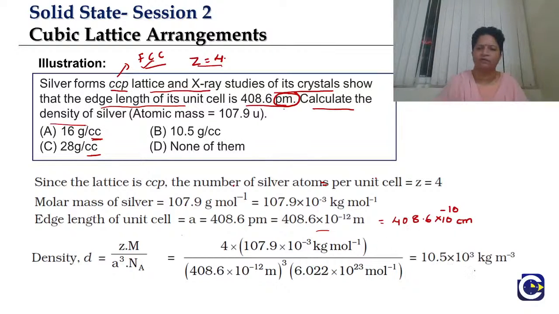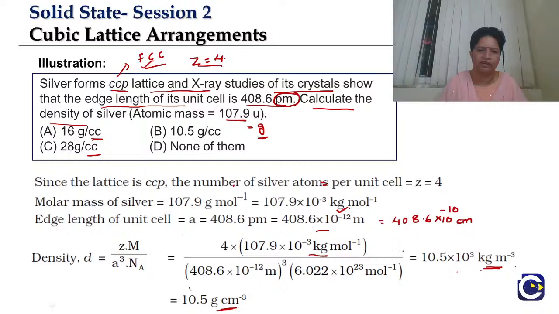The answer that we have got is in kgs per meter cube, which will also be equal to grams per cc. One way you can do it is to substitute directly. Here the mass is in terms of grams. If you convert that to kgs, you can retain the distance in meters. 1 kg per meter cube is equal to 1 gram per cc.